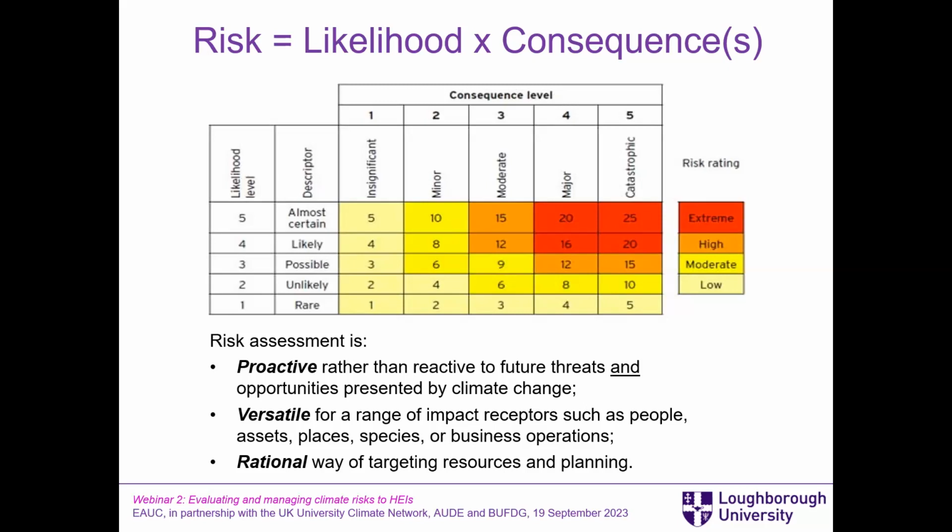So we can score something that is a very rare hazard, unlikely to happen, perhaps as a 1 or a 2. But if it actually happens, it might have a catastrophic consequence, and so it gets a score of 5 times 1, which gives us a 5.